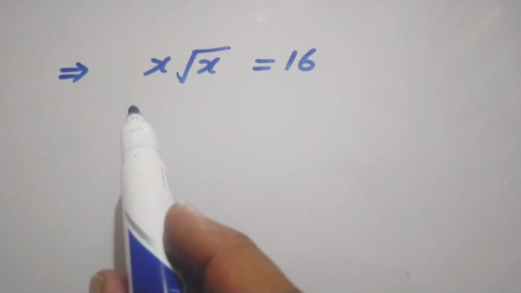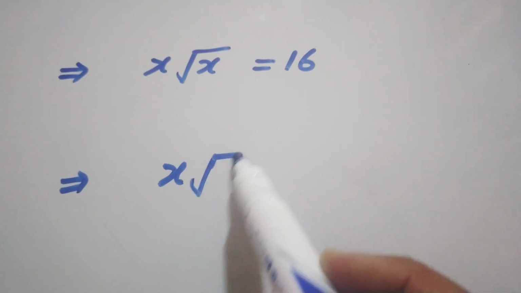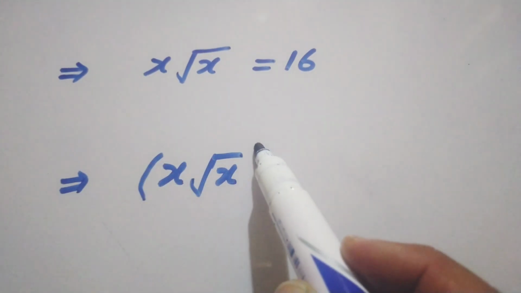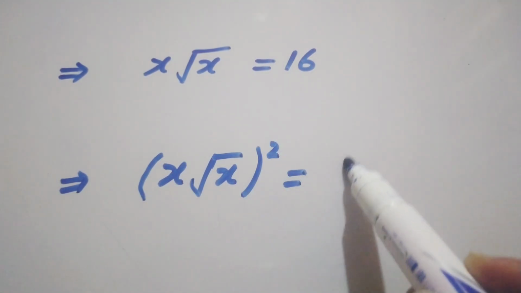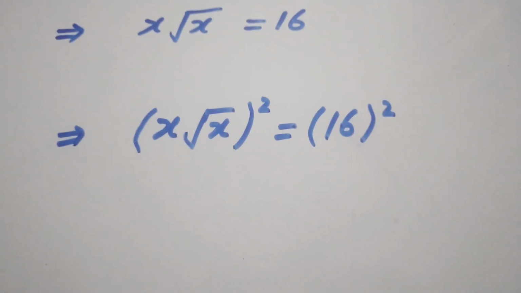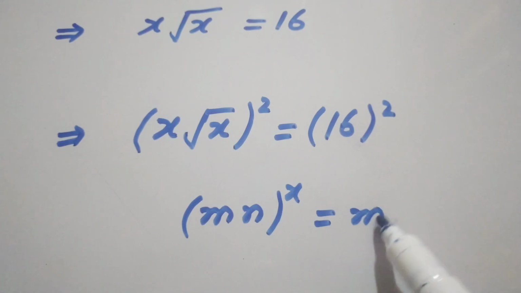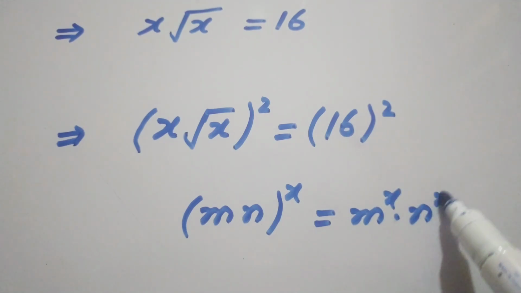Now again squaring on both sides, we get x into square root of x whole squared is equal to 16 squared. So now if we have m multiplied by n whole power x, then this is equal to m power x into n power x.